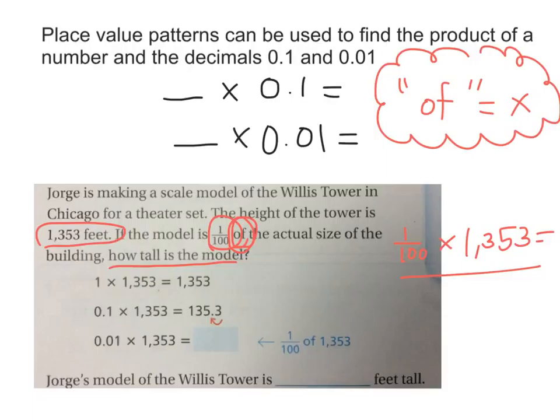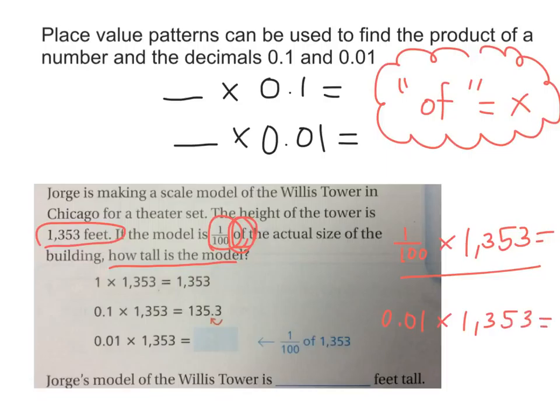Liam? In word form it would be 0 and 100, but we would write it as 0.01. Yeah, so 1/100th times 1,353 is the same thing as 0.01 times 1,353, right?